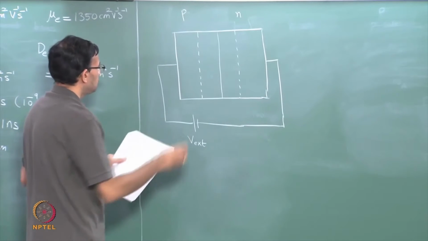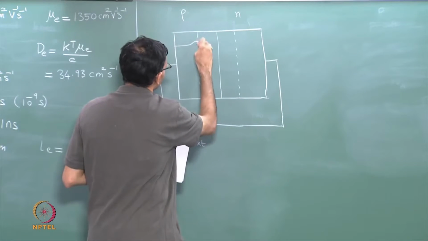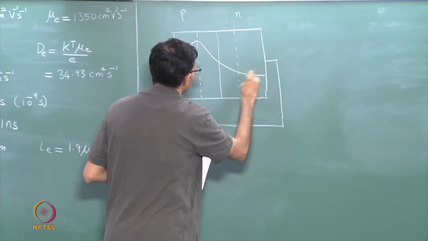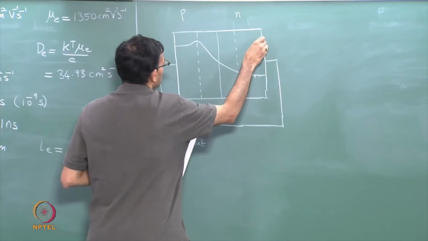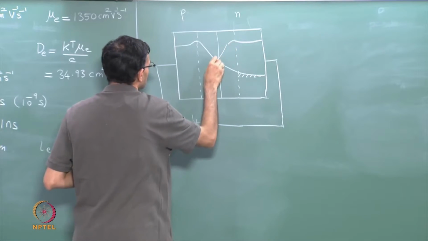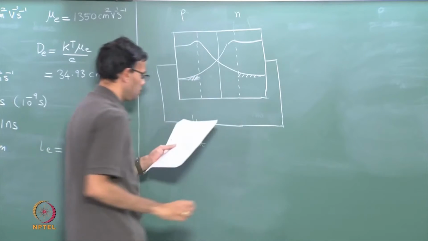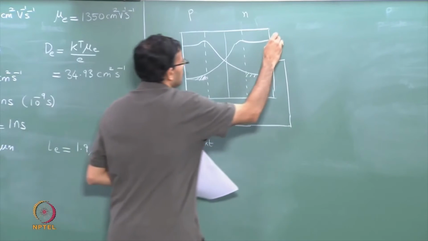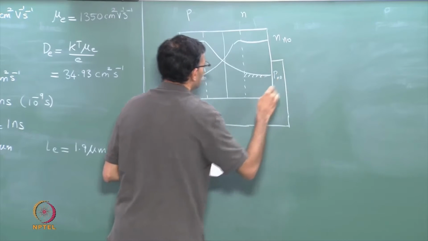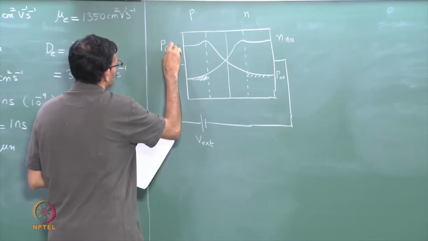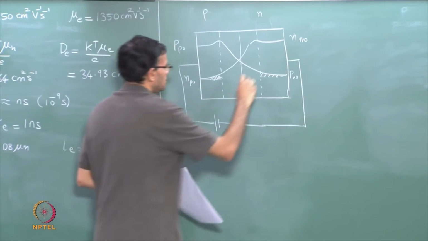We saw in this case that we can plot the concentration of holes so that there is some excess holes. You can do the same with electrons. So, you have some excess electrons. So, we can mark the different regions. This is n_0, this is p_n0, p_p0, p_0, and the extra carriers.